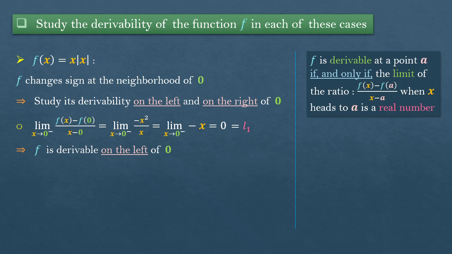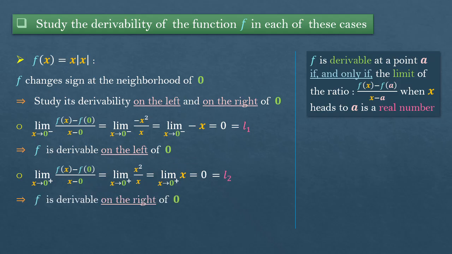Now for the derivability of our function on the right of the point 0, we have the limit of the ratio (f(x) minus f(0)) all over (x minus 0) when x heads to 0 by greater values, which equals the limit of x squared over x when x heads to 0 from above, and this equals the limit of x when x heads to 0 from above, which equals 0. We will note this limit as equal to the real number L2.